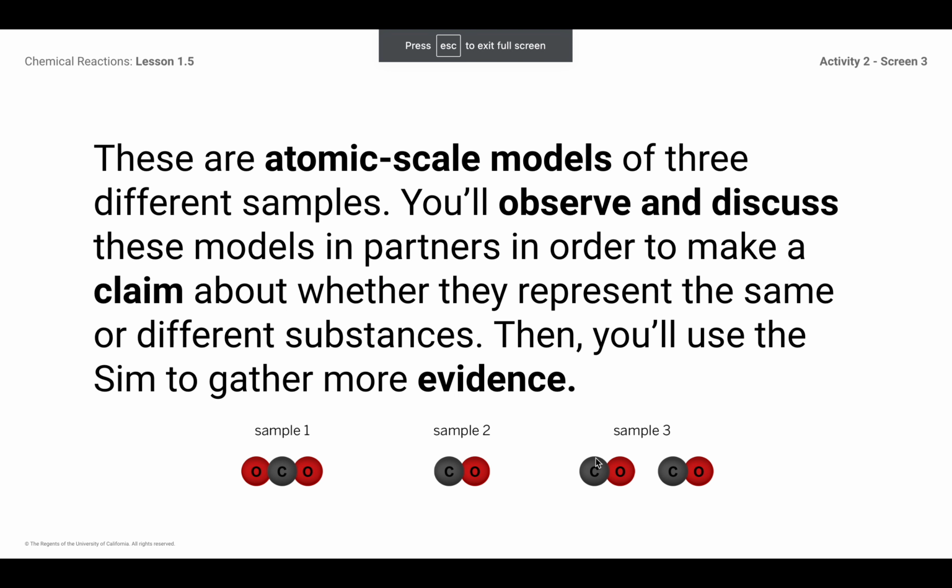Sample number 2 and sample number 3 are the same. So therefore they have all of the same properties. Whereas sample number 1 is different, and so it's going to have different properties. Even though they're made of oxygen and carbon, all 3 of them, only sample 2 and 3 are the same. Sample number 1 is not, because it's made of a different arrangement, a different pattern, a different grouping of atoms.